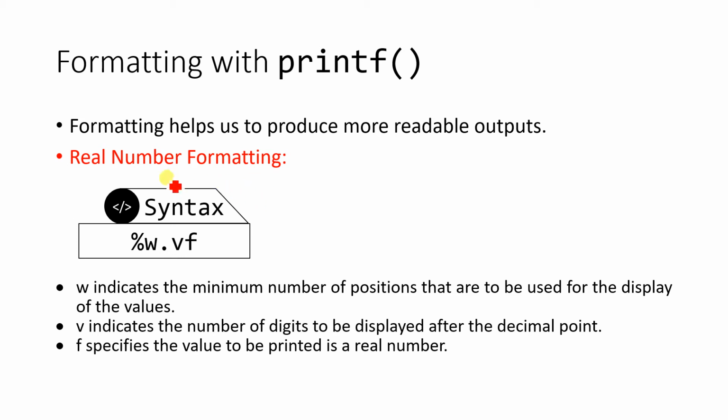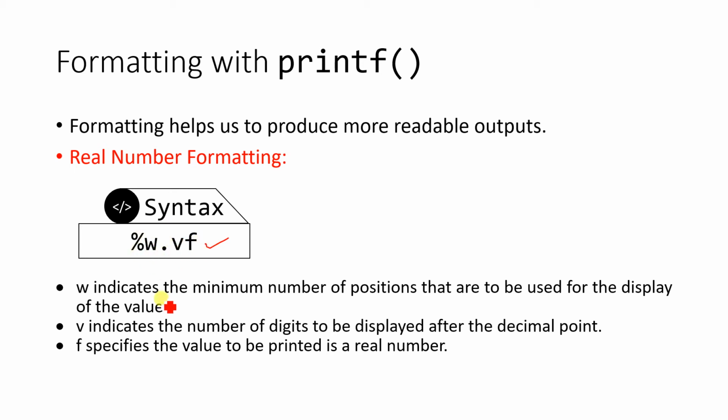Whenever you are trying to format real numbers, or display floating point numbers, inside your printf function you will find this type of syntax: %w.vf. What is the meaning of these?